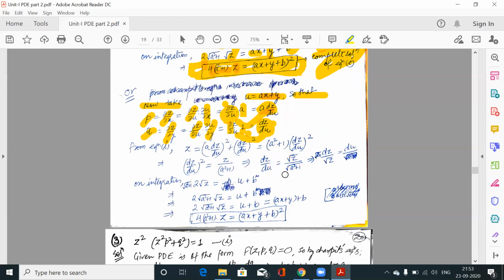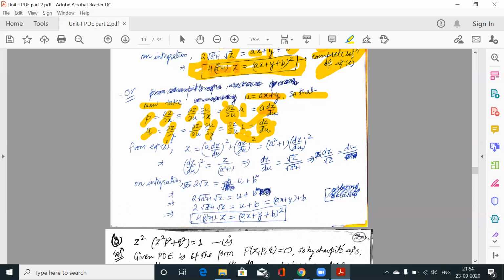But I told you that the separation method alone is enough to solve these equations, because you can solve any PDE of this form using the separation method. So always you can get the separation.